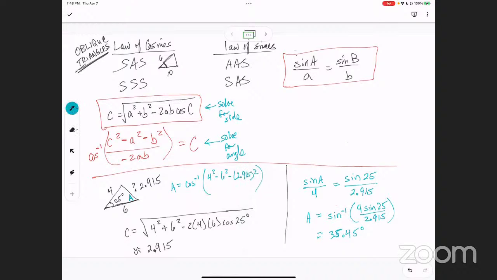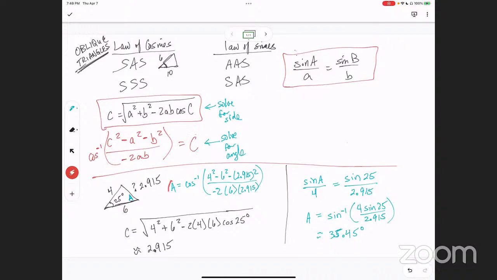Do you see how I'm setting this up? All divided by -2 times 6 times 2.915. In this case, it doesn't matter which one's A, which one's B, and which one's C. The only thing that matters is that these are related to each other.